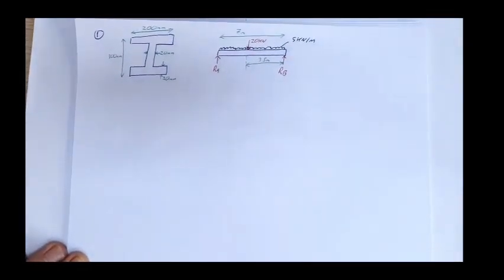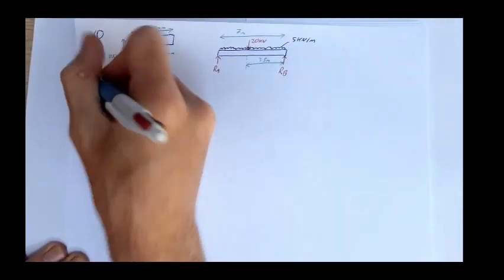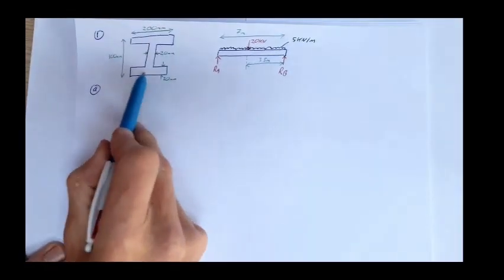Okay, so the first thing we're asked to do is to calculate the second moment of area of the section using conventional methods, so using the principle of superposition rather than the parallel axis theorem.